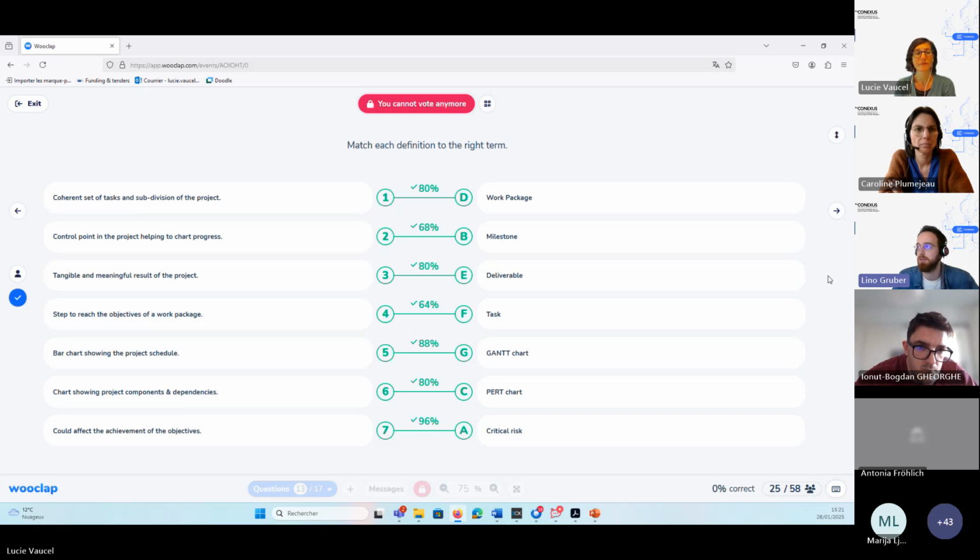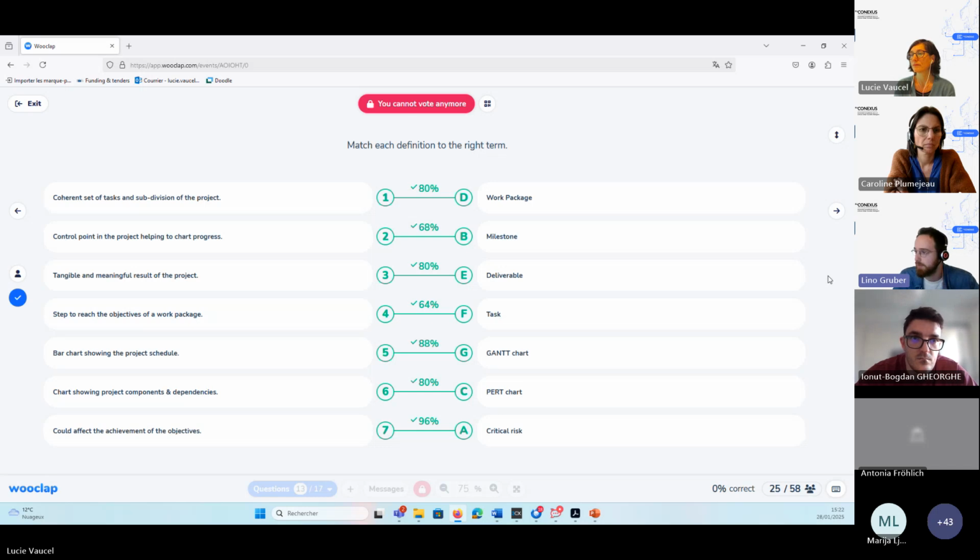All of them we can refer to as project components. The PERT chart is showing how all of these components interrelate, what the dependencies are between them. Again, we'll mention that a little bit more right after.